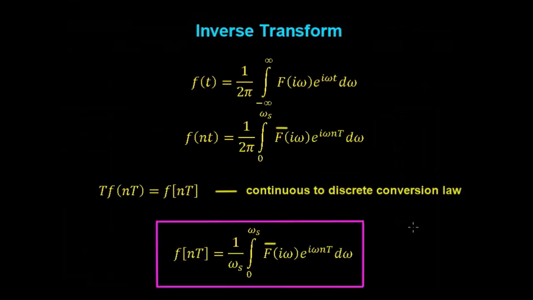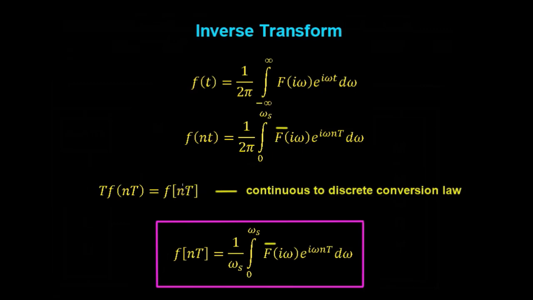Now we can take this function here and we notice that we're no longer multiplying through by e to the iωt. The continuous t is now replaced by the discrete nT, so we end up with e to the iωnT. And then whenever we go from the purely continuous variable t to the discrete variable f(nT), we're going to use the conversion factor.